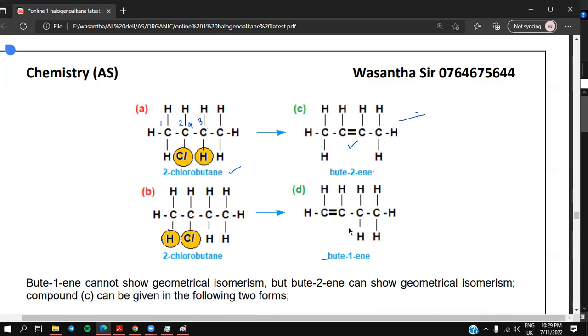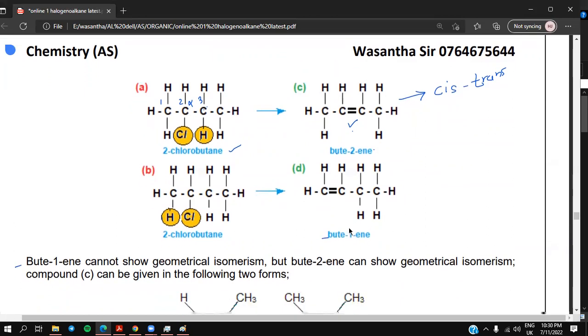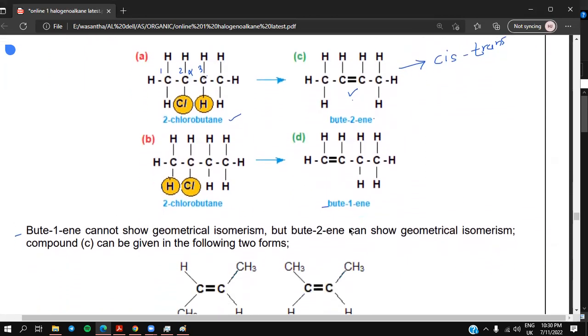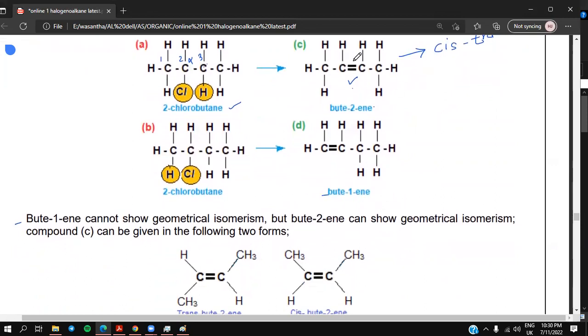From this compound, we can have cis-trans isomers also. Note, but-1-ene cannot show geometrical isomerism. But but-2-ene can show geometrical isomerism. We see these compounds, the geometrical isomers: CH3, hydrogen, CH3, hydrogen.